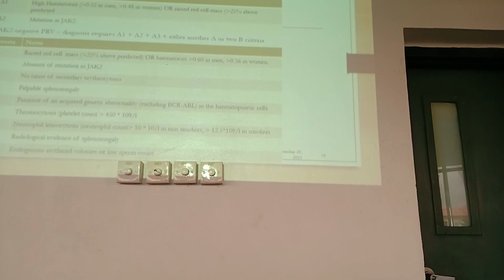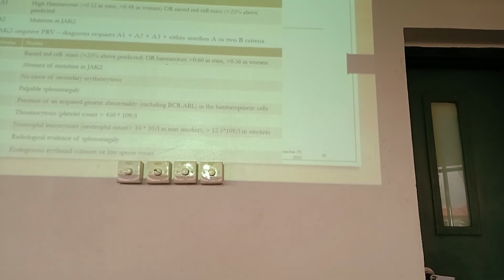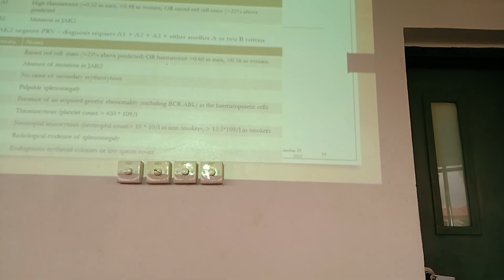So then JAK2 is negative, the mutation is absent, and you have not been able to find any secondary cause of polycythemia, such as smoking, COPD, living at high altitude, cyanotic congenital heart disease, methemoglobinemia, abnormal hemoglobin that will shift, or inappropriate erythropoietin release, like renal cell carcinoma, nephroblastoma, renal ischemia, PLCC (primary liver cell carcinoma), bronchial carcinoma, cerebellar hemangioma.